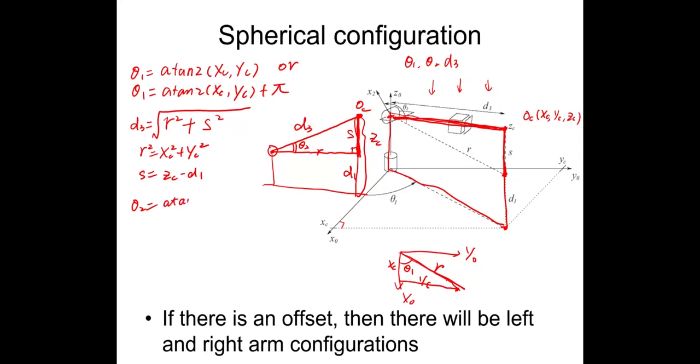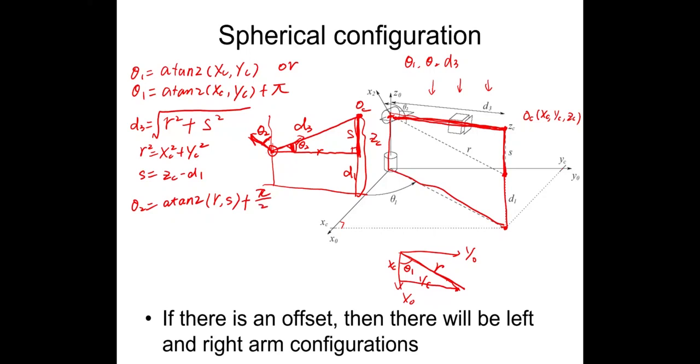So theta 2 equals arc tangent of R and S. And if we take a look at this configuration, in this example it shows that x2 is pointing to this direction instead of this small one. So theta 2 points to this direction, and this is going to be theta 2, the small angle plus pi over 2.